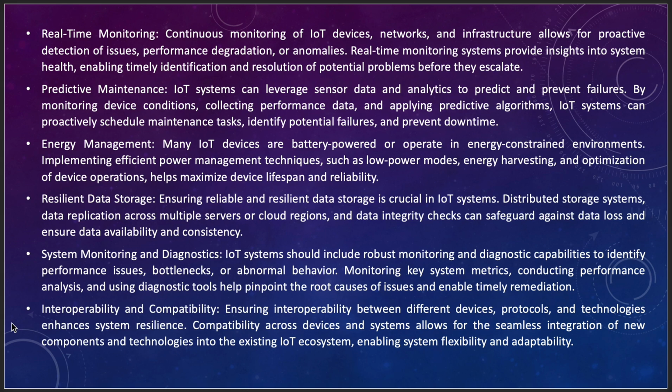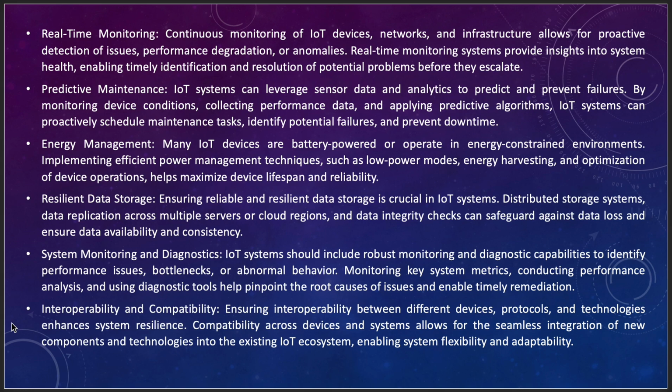All these properties help each other to exist properly, right? Security would help reliability. Interoperability would help reliability. Interoperability would help scalability. So each and every property would help the other property to exist in an IoT system.